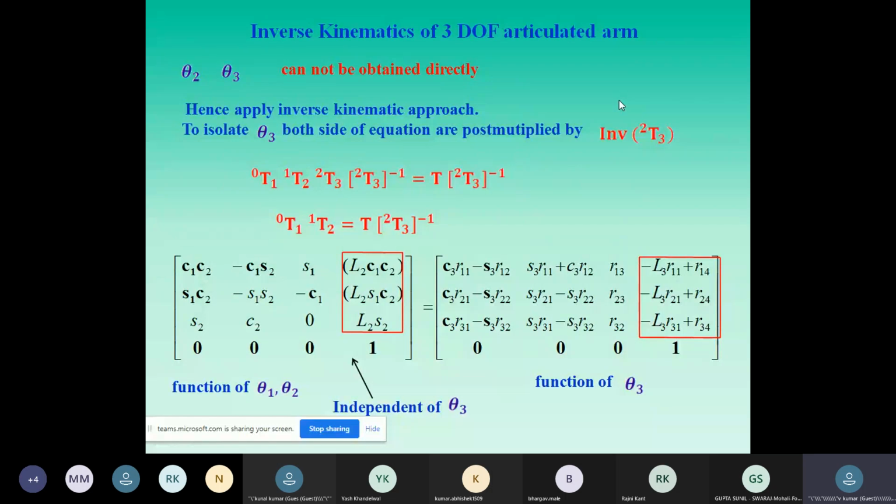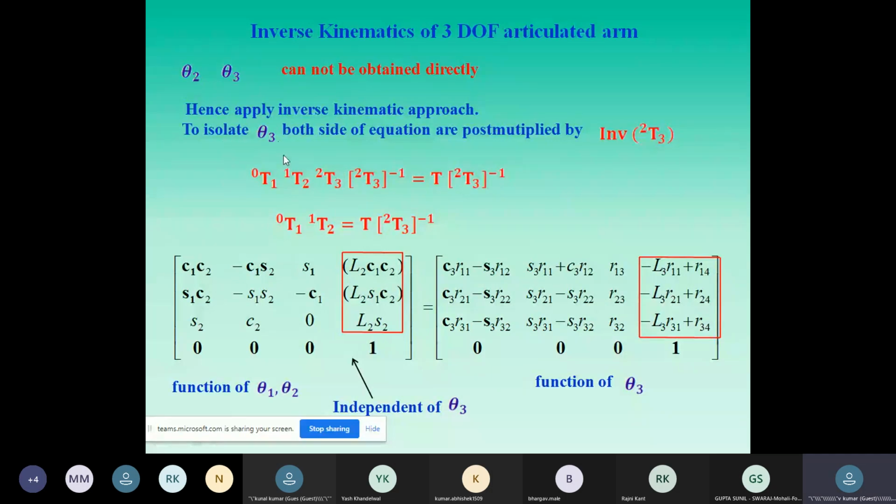Since the last two DOF are planar type, you can apply the planar inverse geometry method. But we will apply the inverse transformation matrix approach, because we have written in the guidelines that we apply the inverse transformation matrix approach. So with theta 1 known, our unknowns are theta 2 and theta 3.